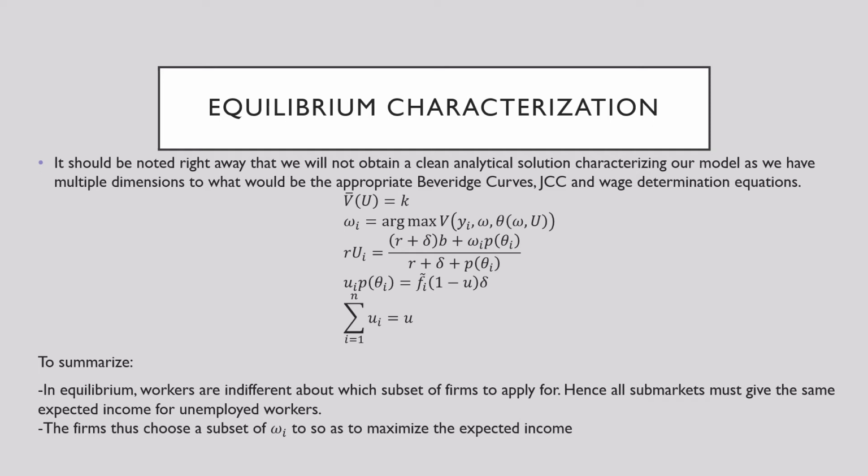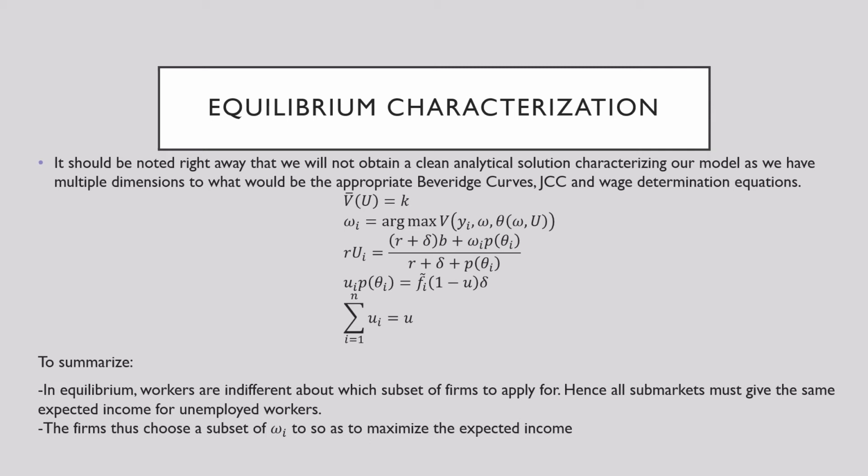The main thing that we want to communicate is that in equilibrium, workers are indifferent about the subset of firms that they apply to. This is extremely powerful. Hence, all submarkets must give the same expected income for unemployed workers. Firms thus choose a subset of omega i so as to maximize their expected income. So we could have firms posting different wages.